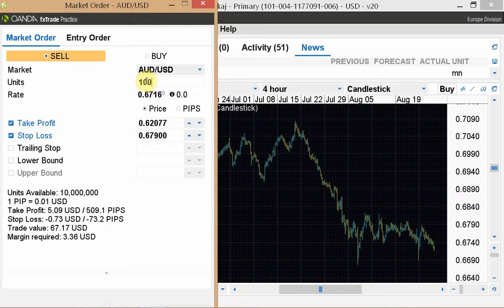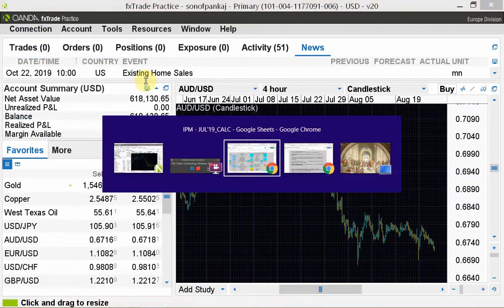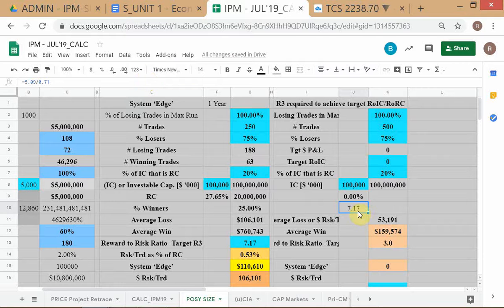This is where we got it, and then we said that on every trade we assume, you have to make some assumption. That's why I kept it a little lower at 3 instead of 7.17, because 3 is a lower number. But let's look at 7.17, it doesn't matter. Is this clear? You are making a projection that on average you will make R3 of 7.17.